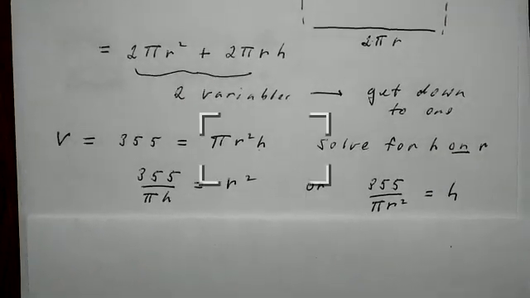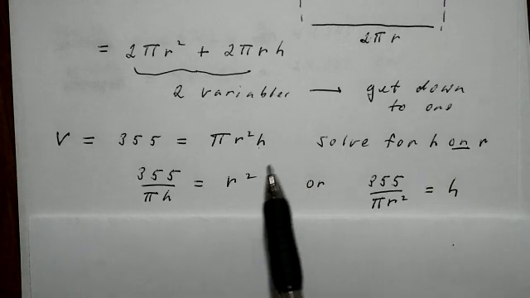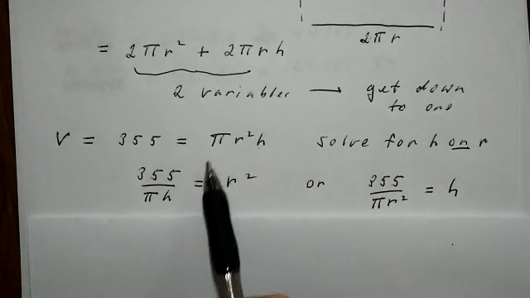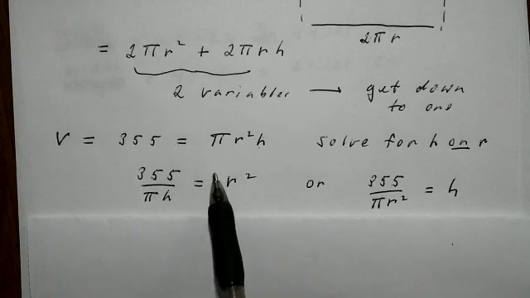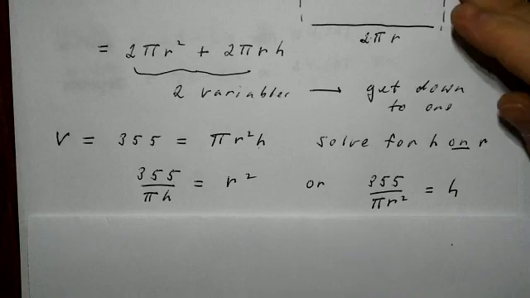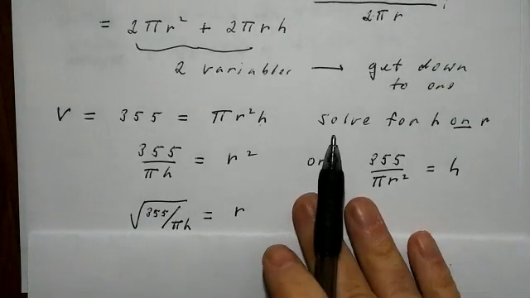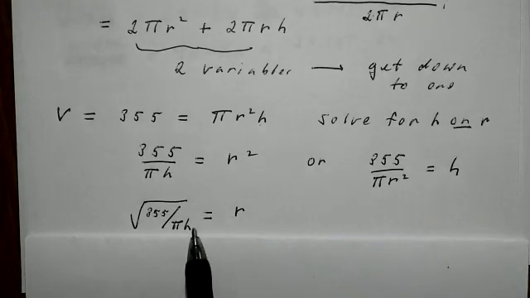Now, it really doesn't matter in terms of the final answer which you choose. You can go either way, but one is going to be computationally easier. If we solve for r in this formula, pi r squared h equals 355, we divide by pi h and we get r squared, and then r would be the square root of 355 over pi h.